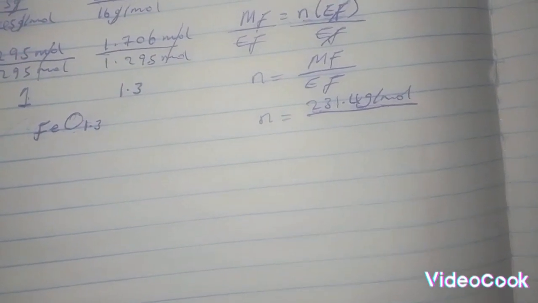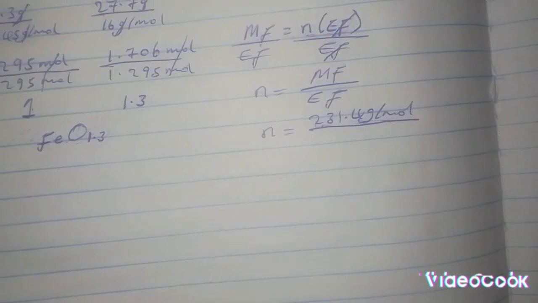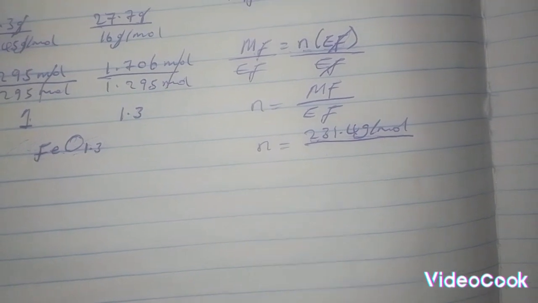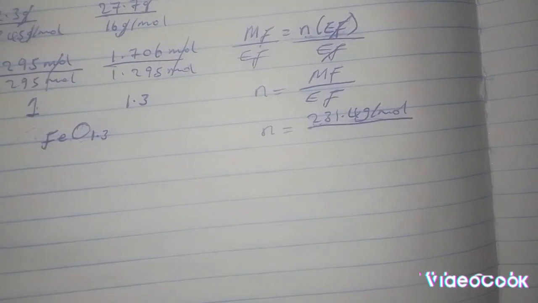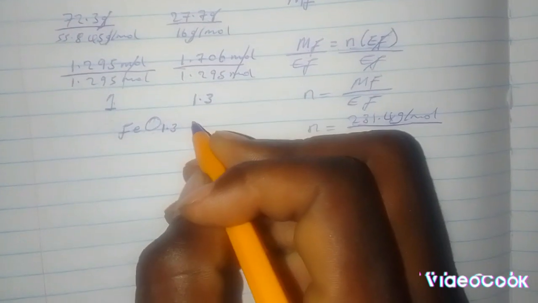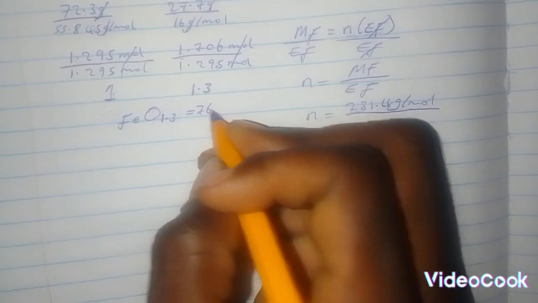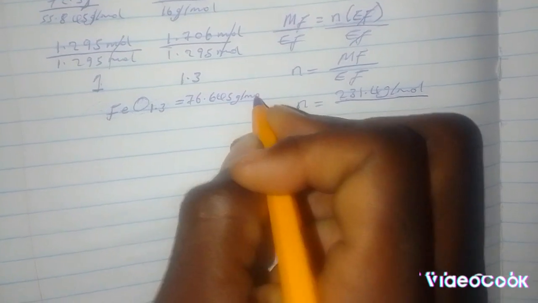Iron plus 16 times 1.3. So when we calculate the empirical formula mass for this guy, we find that it is 76.645 gram per mole.